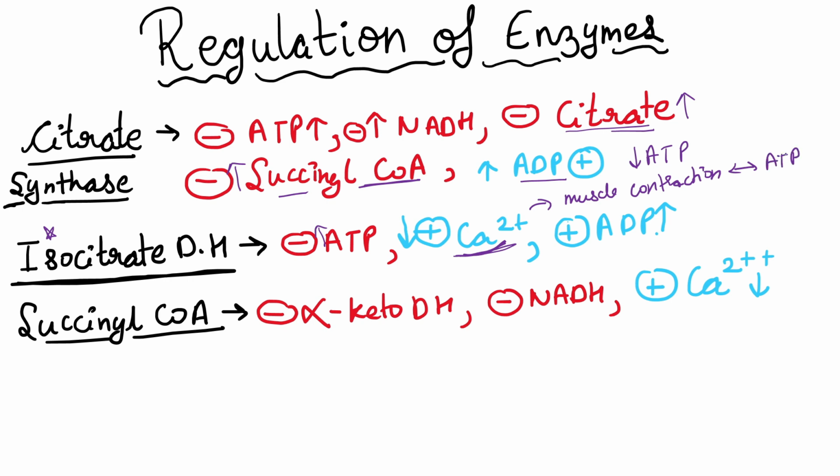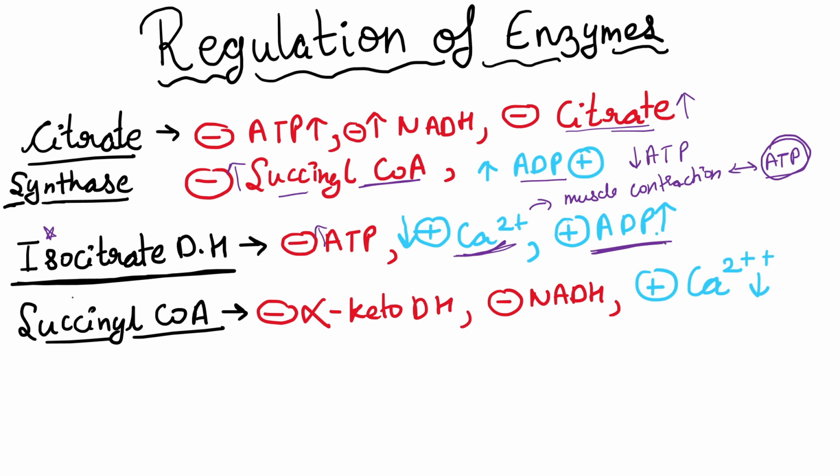ATP provides the energy for the myosin to detach from the actin. So Ca2 positive is directly involved in the contraction of muscles, so it would have a positive impact, because after this Krebs cycle we get more and more ATPs. Now a high level of ADP would have a positive impact.